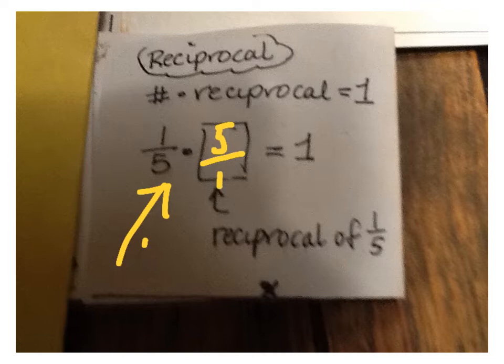Because 1 times 5 is 5, 5 times 1 is 5, and when we simplify that we get 1. So reciprocals, a lot of people think of as just flipping the number over: put it in fraction form and then flip it over. That's a technique for finding a reciprocal, but to make it absolutely correct, you have to make sure that multiplying them together is equal to 1.